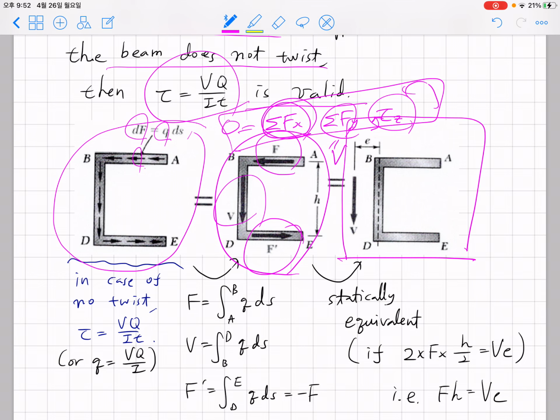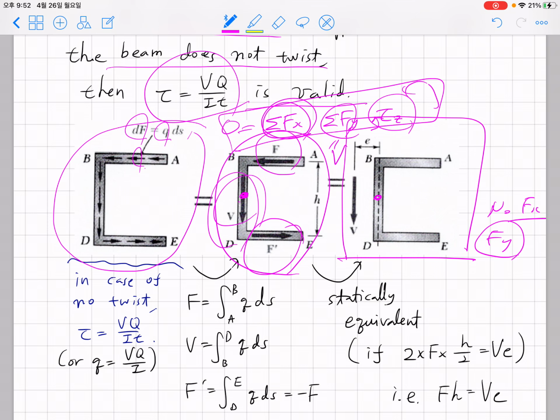To make a statically equivalent problem with only one V, we can think about the following. If you have this problem, no Fx, and there is Fy, which is the same as the original problem, and you have torque. Regarding the torque equilibrium, you have to consider the center of the torque. Let's consider the origin of torque here.